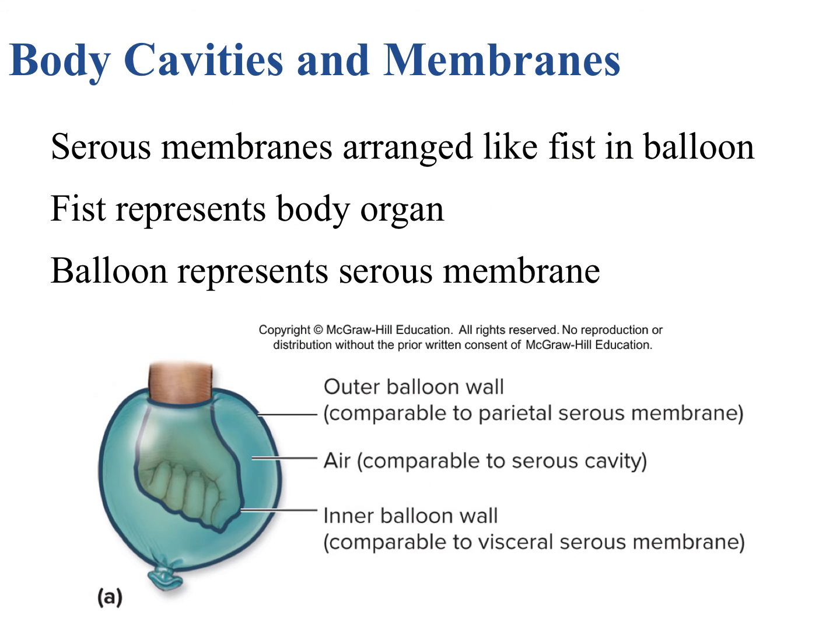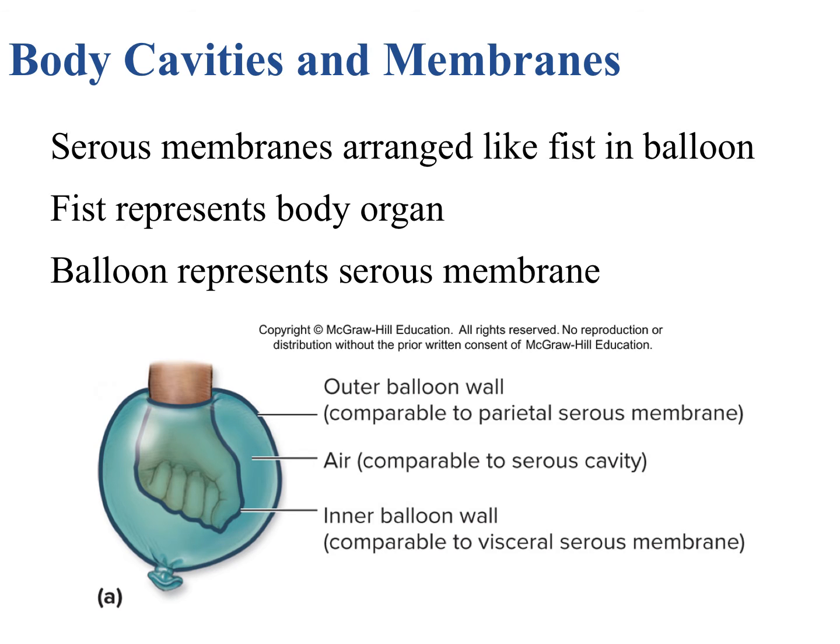Now these serous membranes, the analogy or the description they use is the fist in the balloon. Okay? So if I had a balloon that's kind of loosely filled with water, right? And I pushed my fist into the balloon. Think about what that looks like, right? There'd be a layer of latex rubber that is attached right on the skin of my fist. Yes?